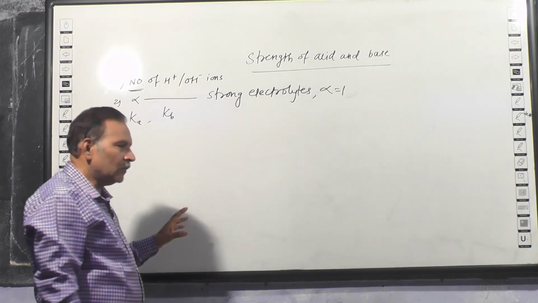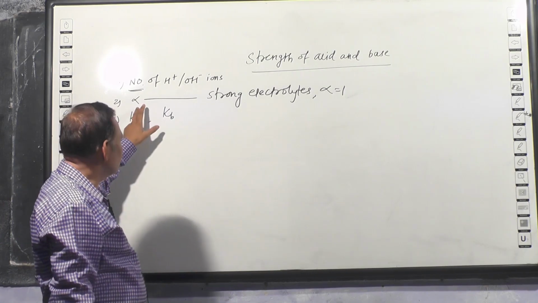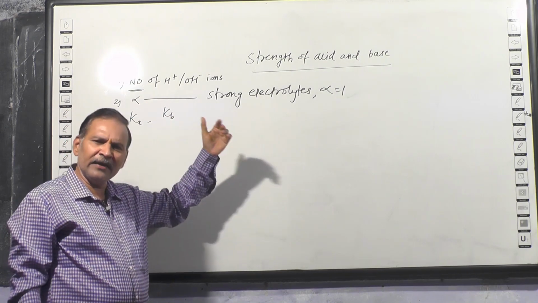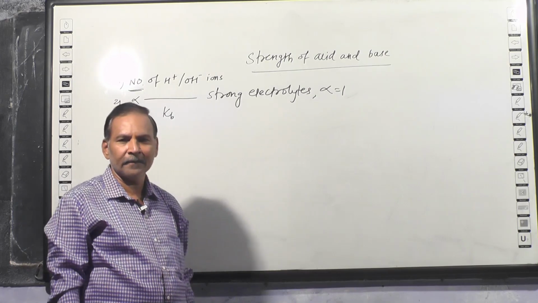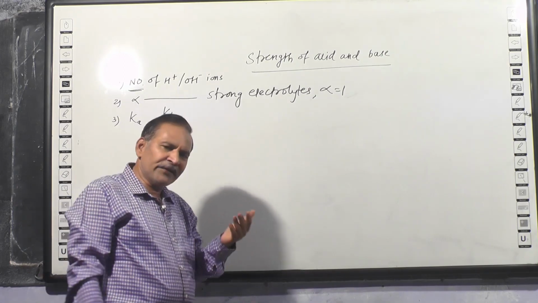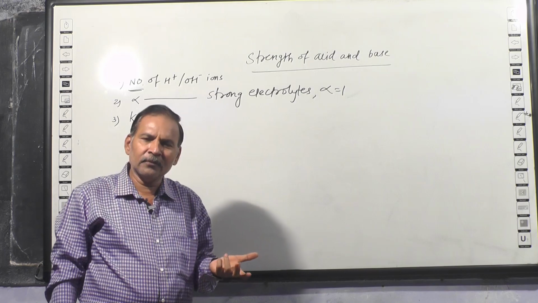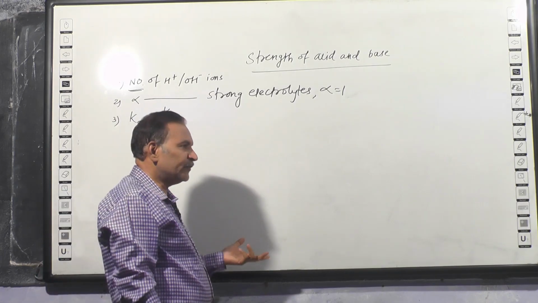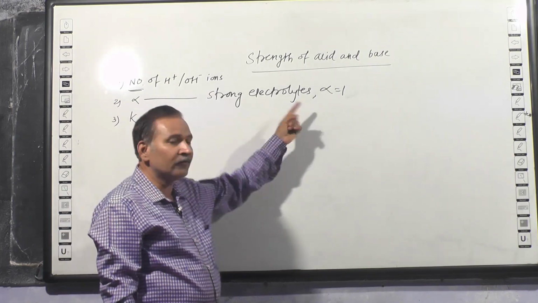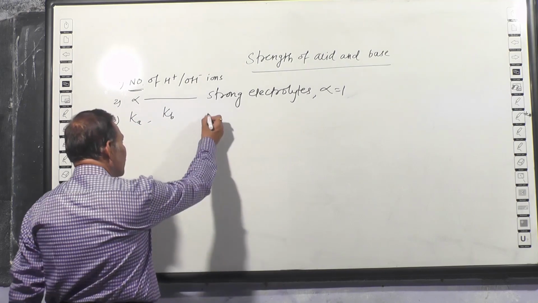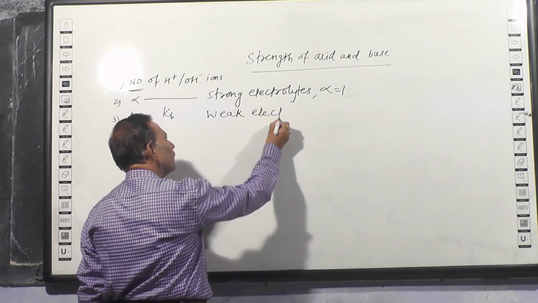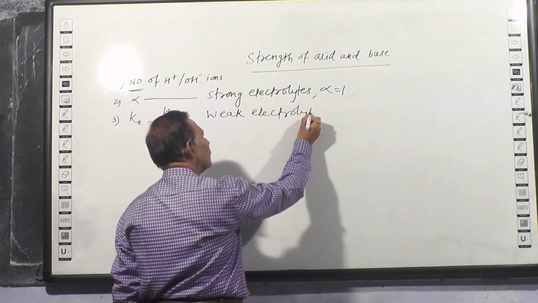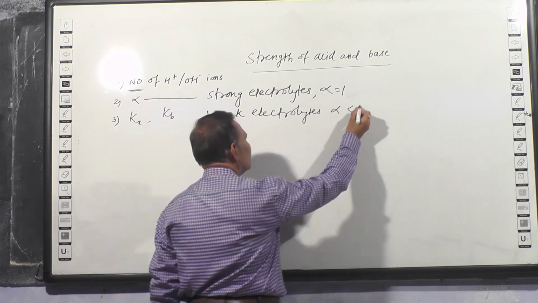But if it is a weak electrolyte, then the value of alpha is always less than 1. Its value is less than 1, a range of numbers which is less than 1. Now for weak electrolytes, alpha is less than 1.